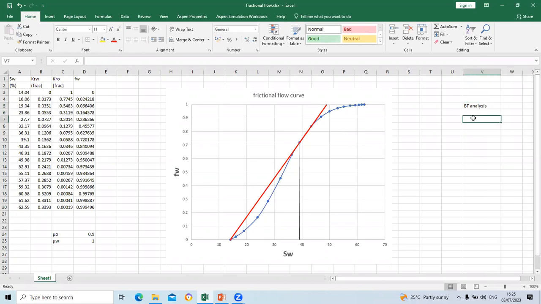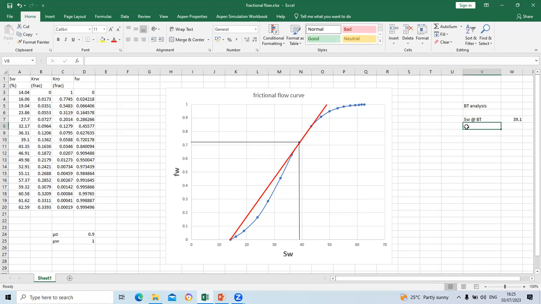Water saturation, frontal water saturation at breakthrough is equal to this value, 39.1. That's the value there.